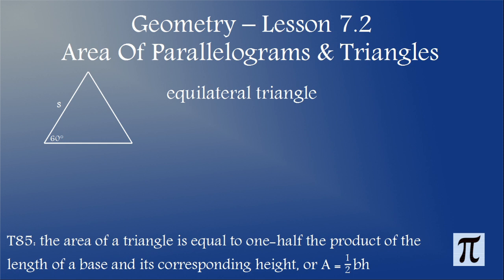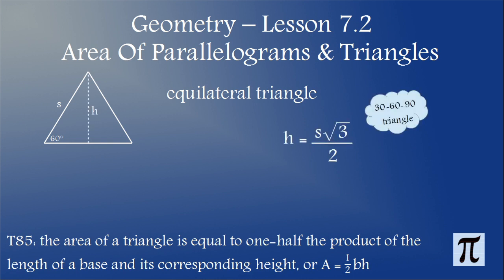Next, let's take a look at an equilateral triangle. Each angle is 60 degrees, and each side is the same. Here, the side is just labeled as S. If we draw the height, we end up with a 30, 60, 90 triangle. So the height of this triangle will be the side times √3/2, based on our good old 30, 60, 90 triangle theorems.